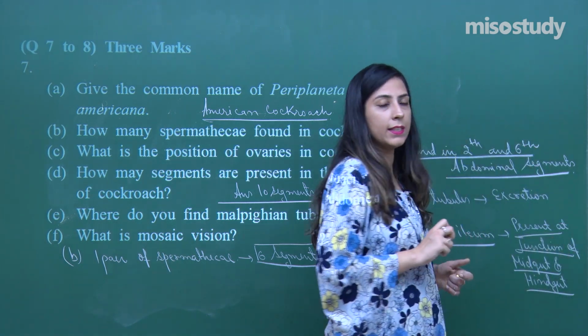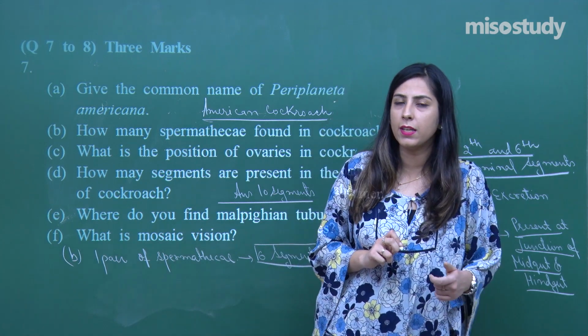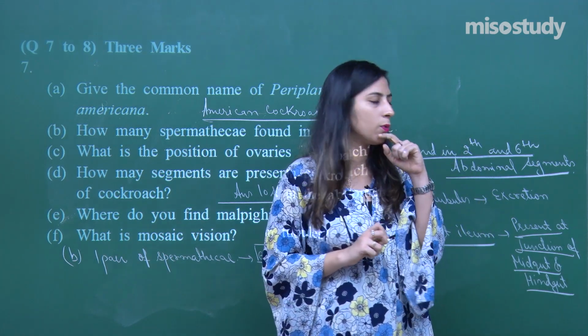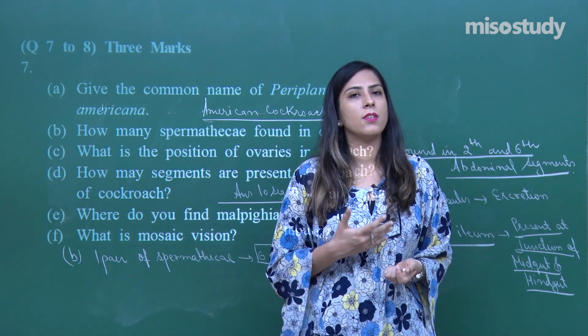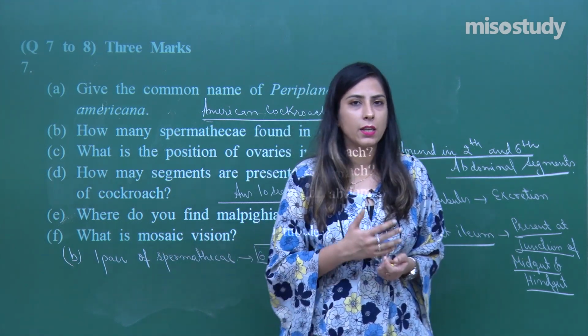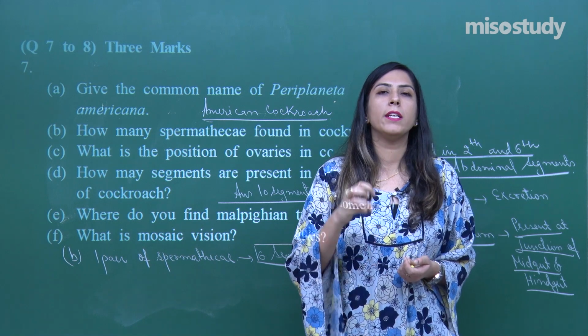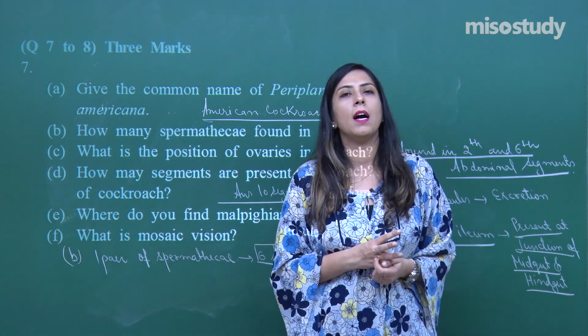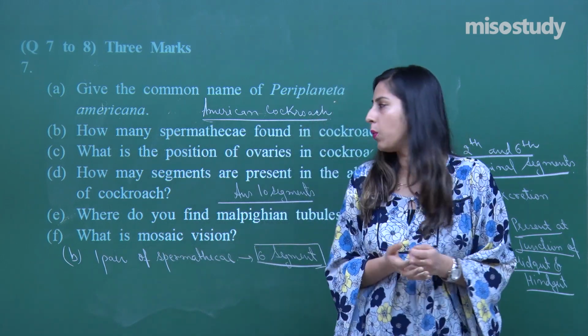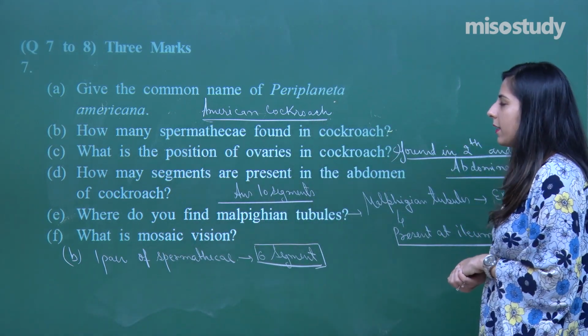We have studied in detail the alimentary canal, even the diagram is there in your NCERT also. When I was discussing that, I already told you that they are present at the junction of midgut and hindgut. The whole alimentary canal is divided into three parts. First is called the foregut, then the midgut and the hindgut, right? Now let's move on to the last part, that is the F part.